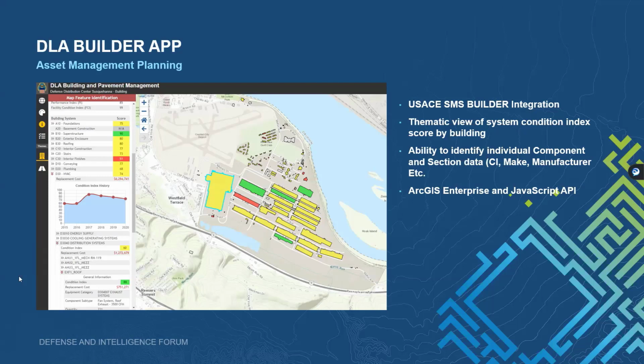It projects out a replacement cost that is reasonable for rough order of magnitude estimates for contracting purposes, as well as providing for further engineering and design work. Back to you, Joel.